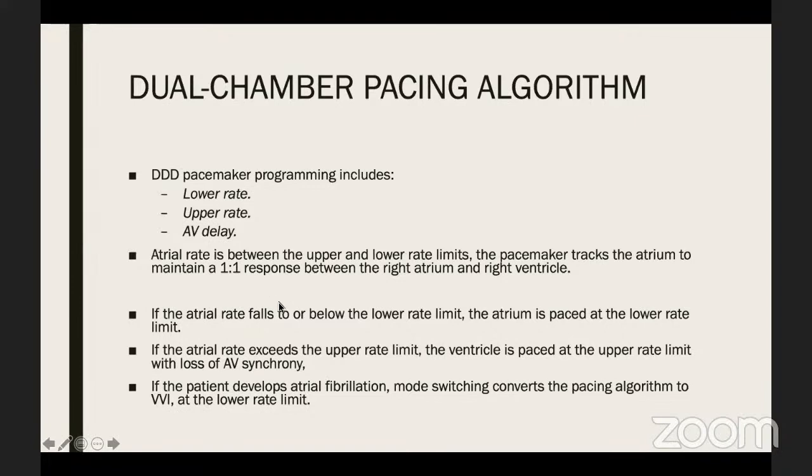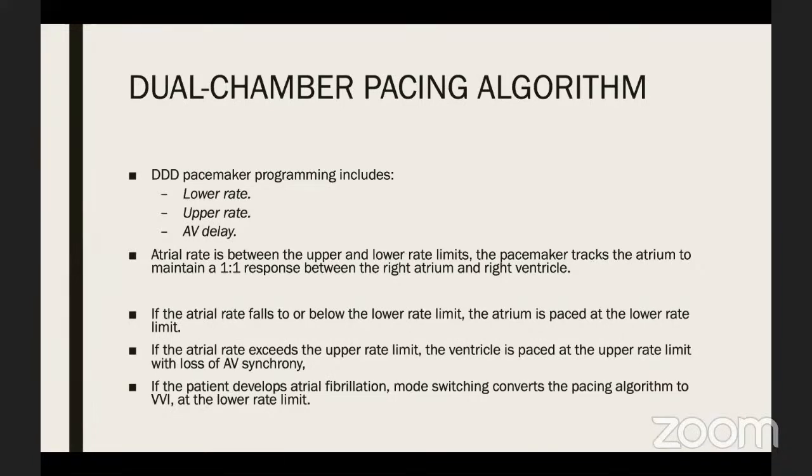If the atrial rate falls to or below the lower rate limit, then the atrium is paced at the lower rate. So if we set the lower rate at 60 and the atrial rate falls below 60, then it will pace the atrium at the lower limit.